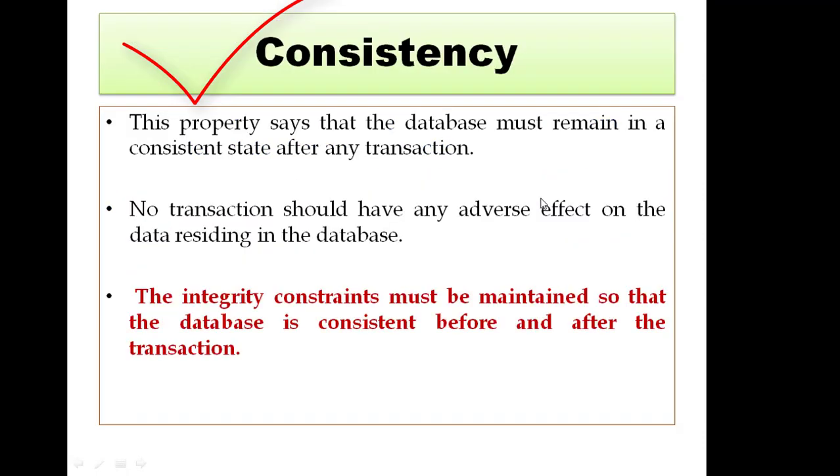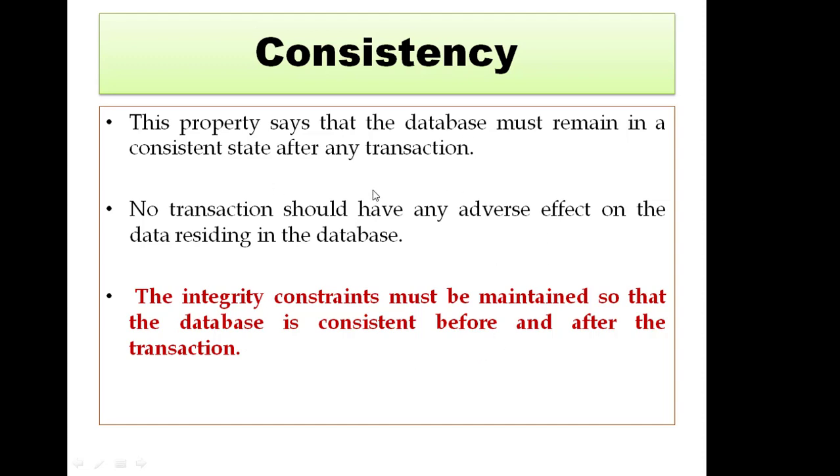Now coming to the next property, consistency. The consistency property says that the database must remain in a consistent state after any transaction. No transaction should have any adverse effect on the data residing in the database, and the integrity constraints must be maintained, so that before and after the transaction, data should remain consistent.